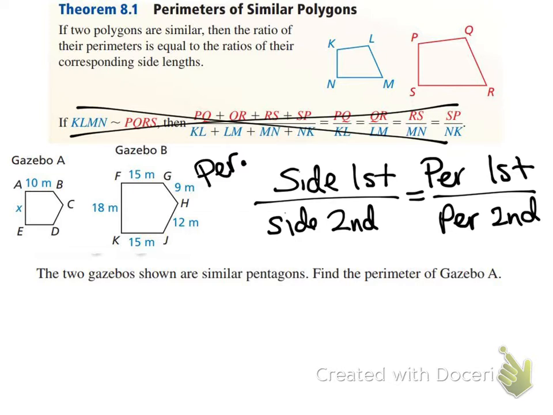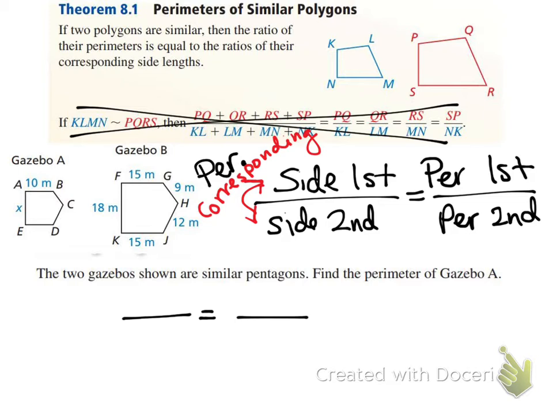So, the two gazebos shown are similar pentagons. Find the perimeter of gazebo A. So using this formula above, the only thing to know about these two sides is they have to be corresponding on the two figures.